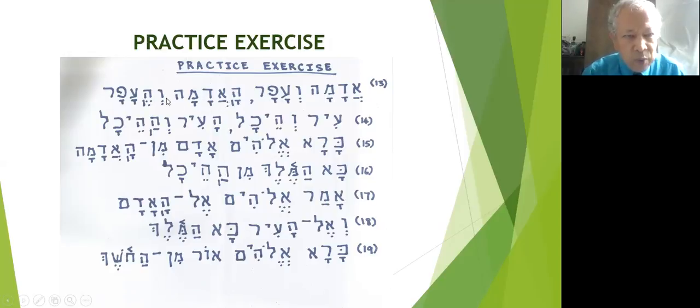And this is ve, which is and, and this is he. This is another form of the definite article. Let me explain the difference. Normally, the definite article is a he followed by the short vowel patah, and it is pronounced ha.